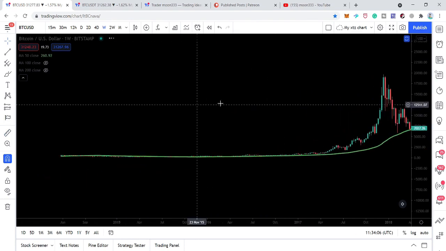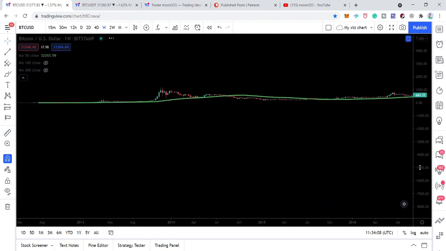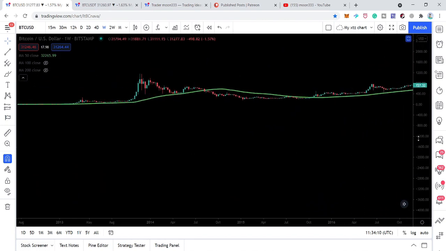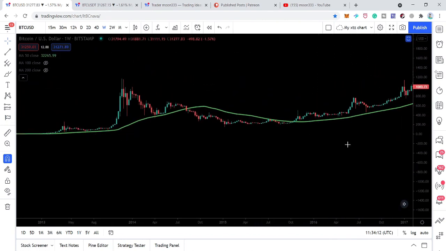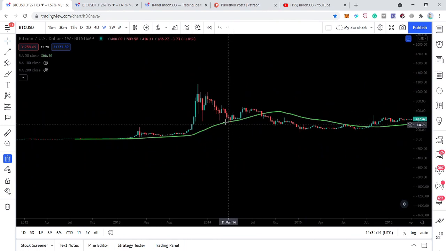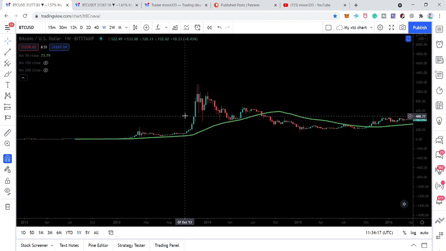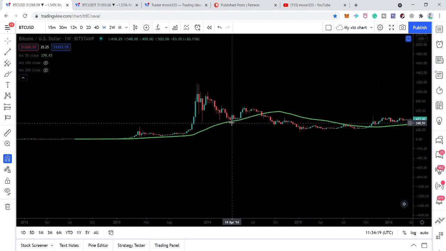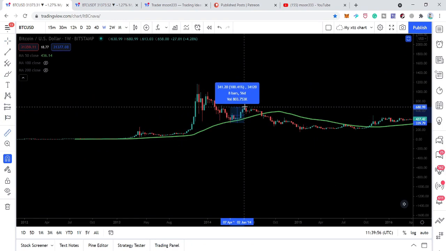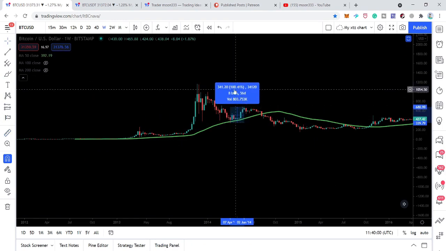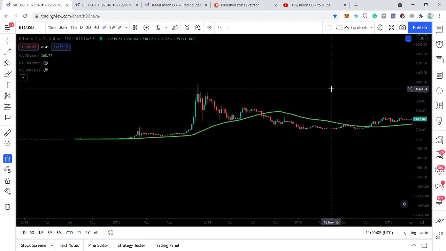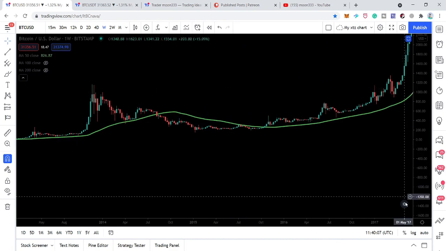And before this, if we move back here, let me show you, yeah, it happened back in 2014. After this bull run, the price action dropped here. Let's measure this rally as well. It was more than 100% rally, and then the price action moved towards the downside and broke down this 50 simple moving average.